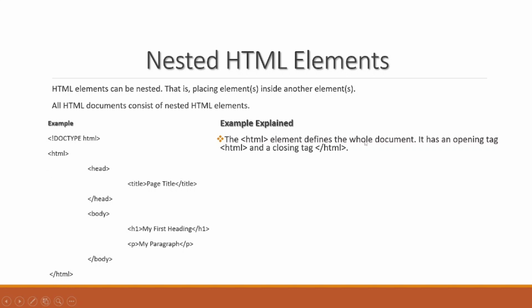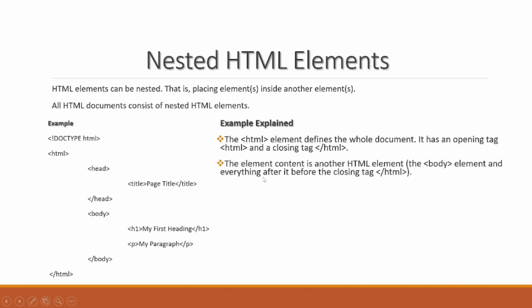So the HTML element defines the whole document. It has an opening tag and closing tag. The element content is other HTML elements, that is the head element and the body element and everything before the closing tag. So both the head and the body elements are content of this HTML element.